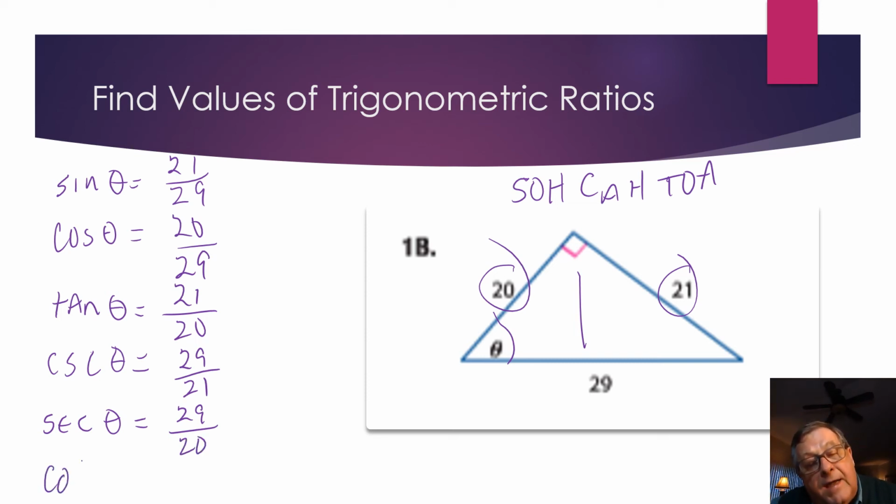And the cotangent of theta is the reciprocal of the tangent function, or the adjacent, 20, over the opposite, 21. And shazam, we have found the values of trig ratios of a right triangle using SOHCAHTOA.